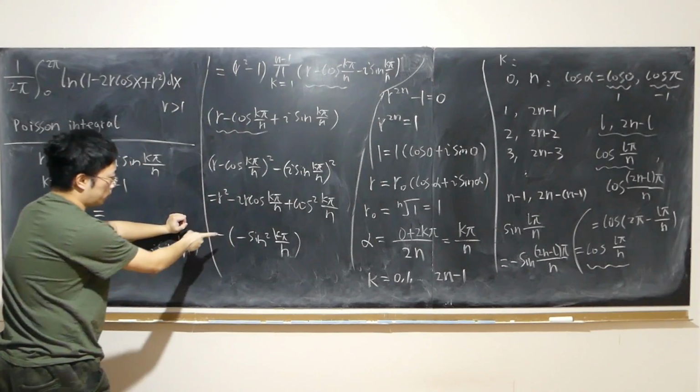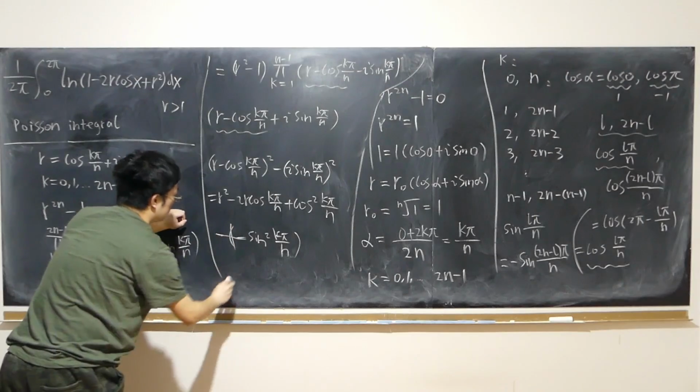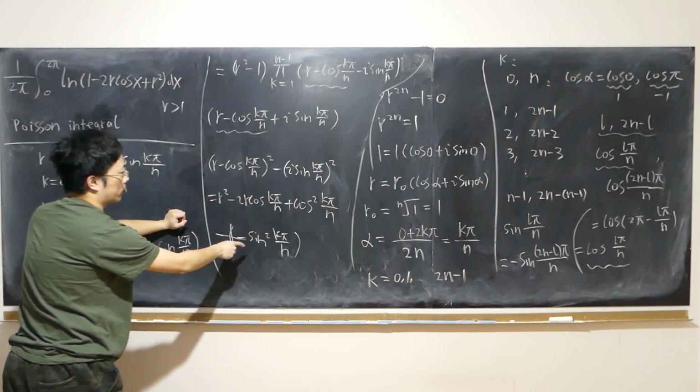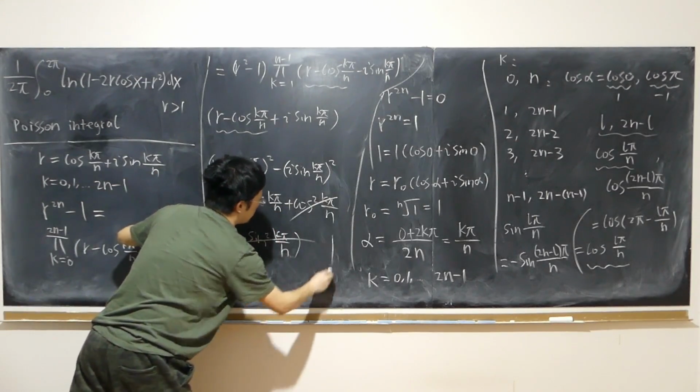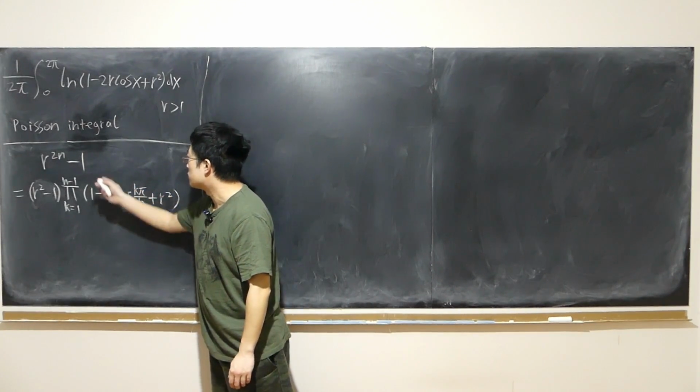But that becomes plus. So cosine squared plus sine squared just become 1. Now I've successfully factored out the r to the power of 2n minus 1.